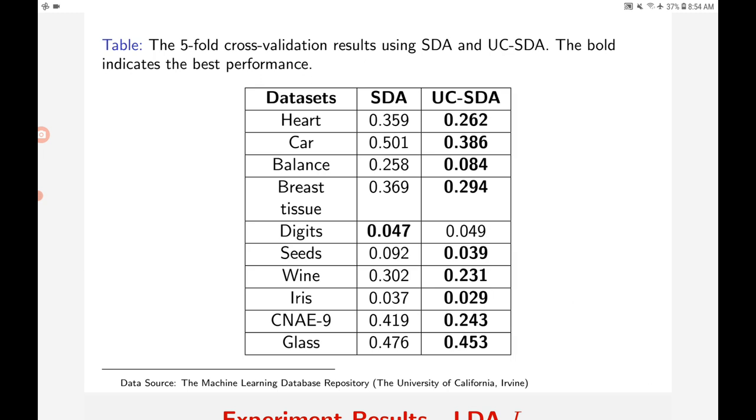The first column, the second column, is shrinkage discriminant analysis, and the last column is the unequal covariance aware version of shrinkage discriminant analysis. And again, you can see that in most of the cases, our method performs far better than the original ones.